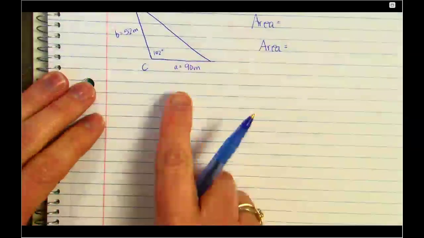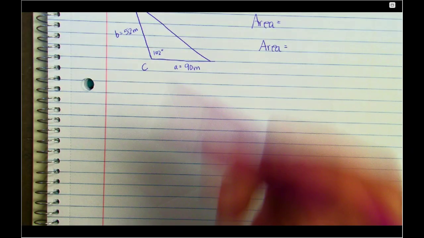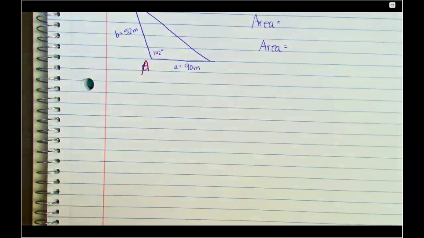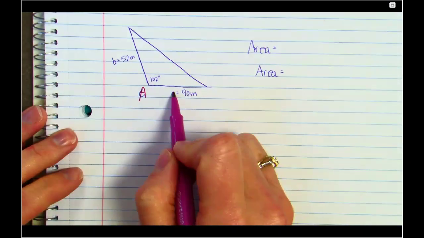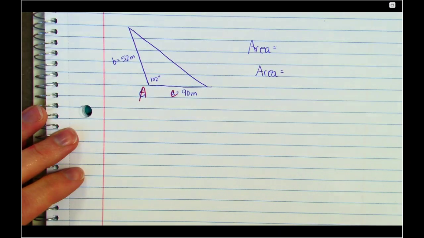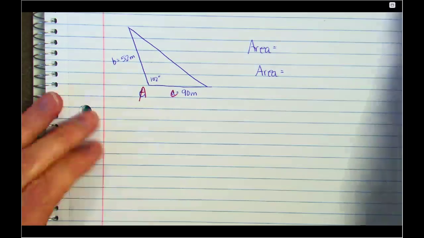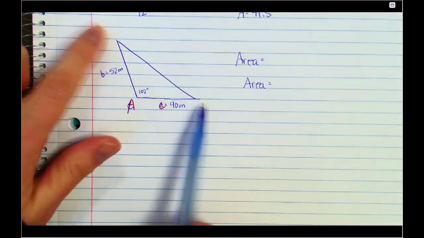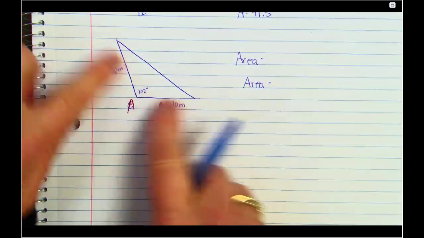If you want to relabel because you like to see it, I'm going to make this A because I did everything in A. That means the little a would be here, so this is B and this switches to C. But it's easiest if you realize that it's one angle and the two sides that make up the angle, the two rays, no matter what you do.